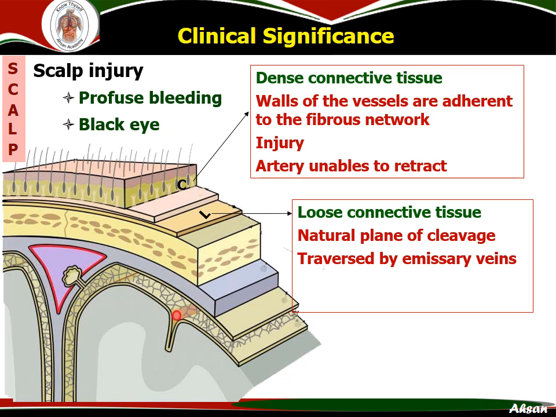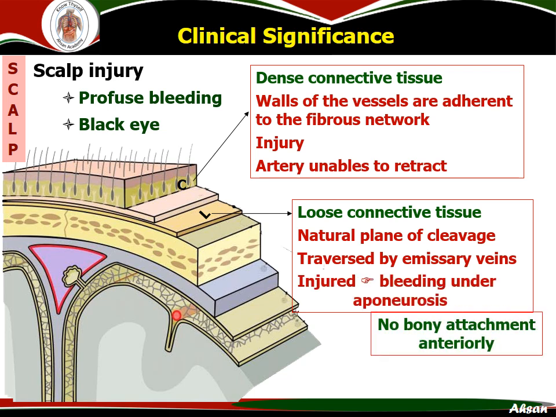That bleeding spreads in all directions, but cannot go posteriorly because of the muscular attachment to the superior and highest nuchal line. On the lateral side it is also blocked by the attachment on the superior temporal line. But anteriorly, the aponeurosis is continuous with the frontal belly of the muscle, which doesn't have any bony attachment anteriorly.